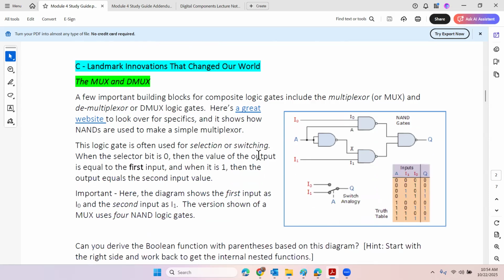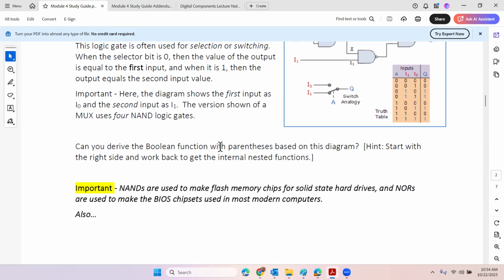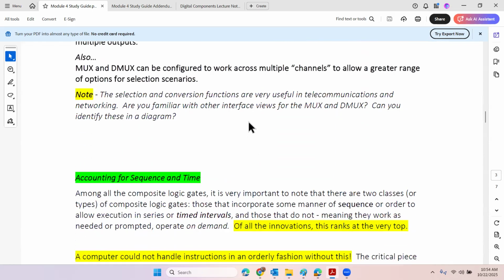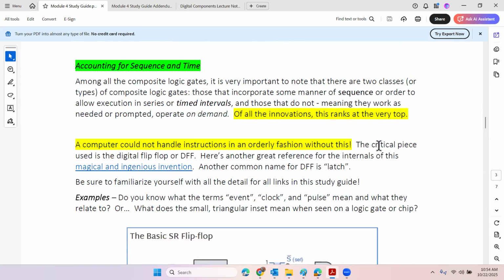Remember that the MUX allows for a switch, and that switch can be used in a really creative way to give us a digital component called a flip-flop, a digital flip-flop, or a DFF. And one thing I want you to understand about the digital flip-flop: you've heard the term switch.